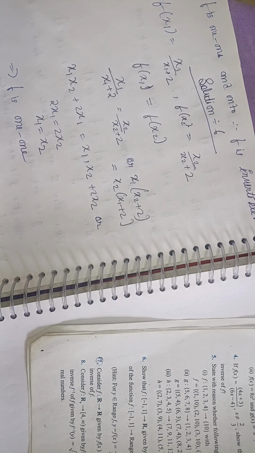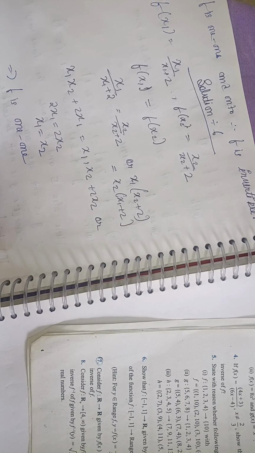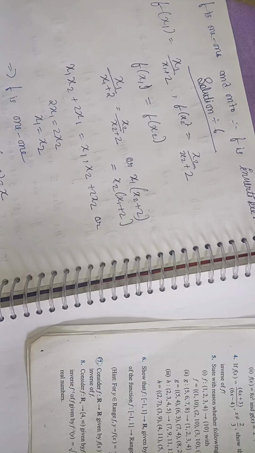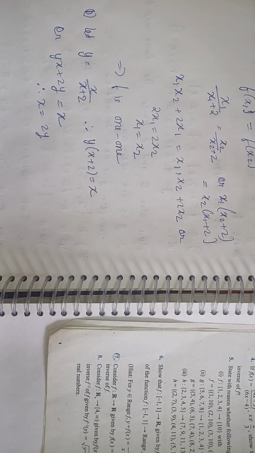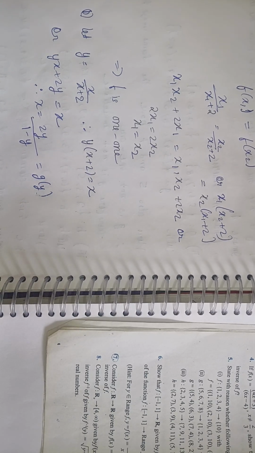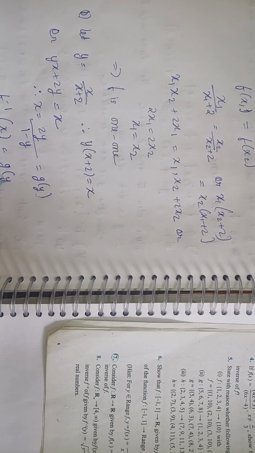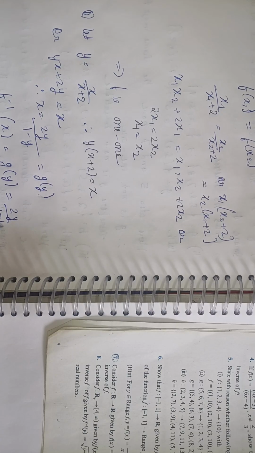Part B. Let y = x/(x + 2), therefore y(x + 2) = x, or yx + 2y = x, therefore x = 2y/(1 − y) = g(y). So f inverse of y = g(y) = 2y/(1 − y).